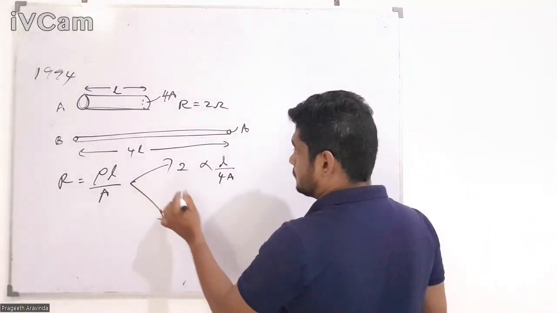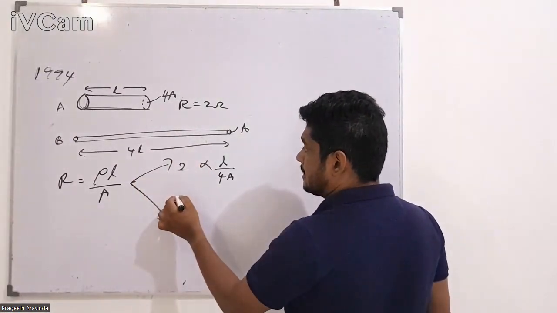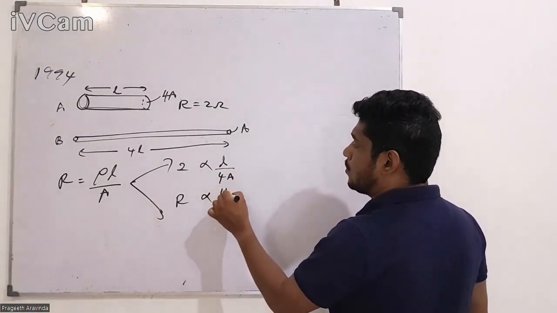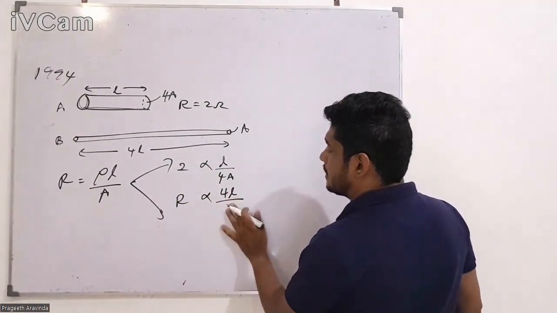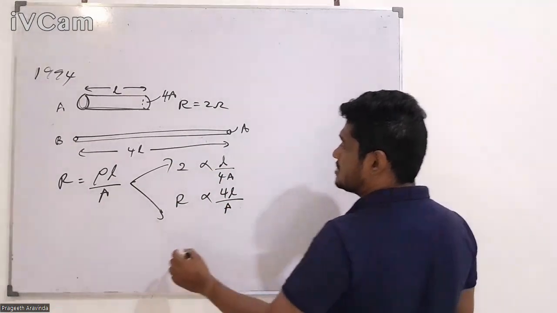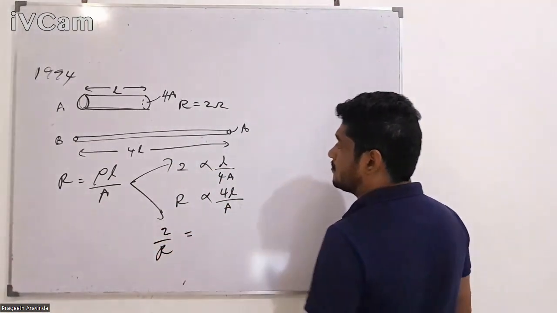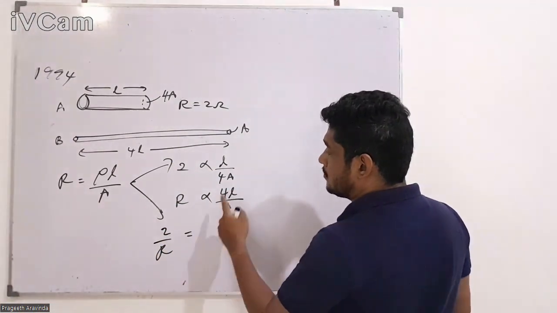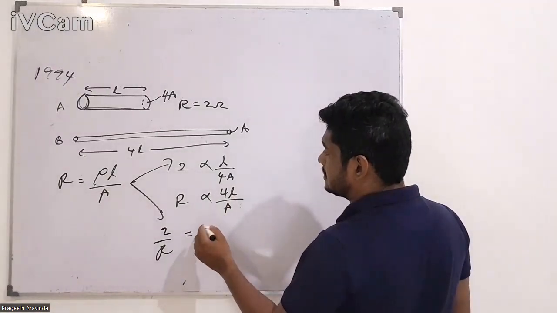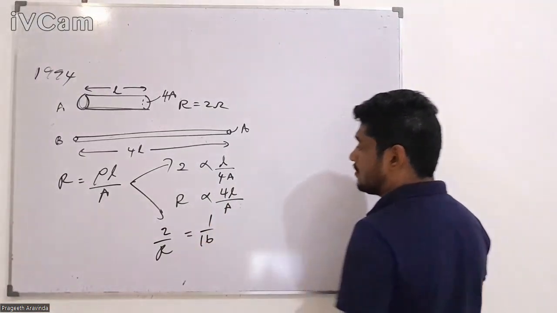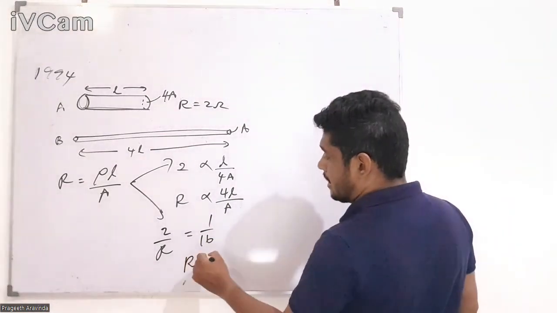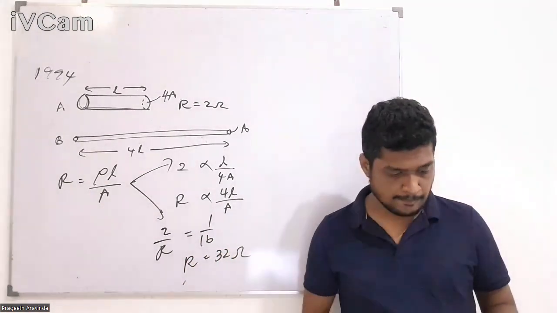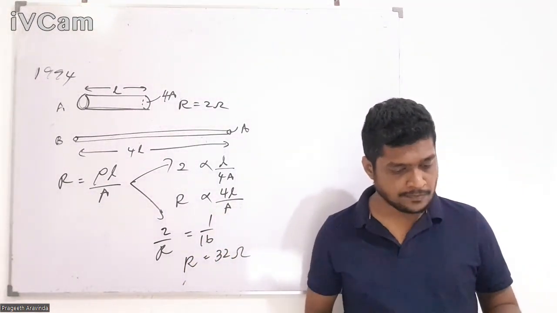And this one, the resistance we have to find, and the length is 4L and the cross section is A. Now you can divide these two. 2 over R equals, make a reciprocal, multiply 1 over 16. 4 into 4 multiply that. R equals 32 ohms. Answer එක 5th one.